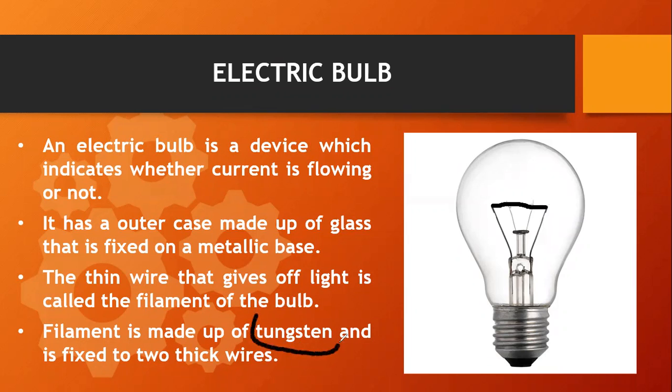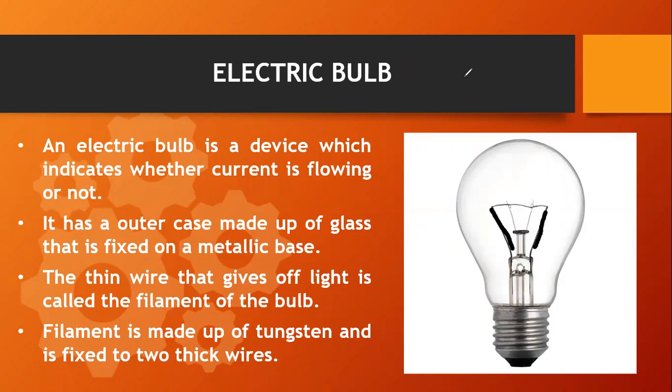Okay, tungsten is a material which is used, for example, जैसे आपने aluminium copper सुना है, उसी तरह से tungsten एक material है through which the filament is made, right? And as you can see, this filament is fixed with the help of wires. This filament is actually put with the help of a wire like this. This is a wire.